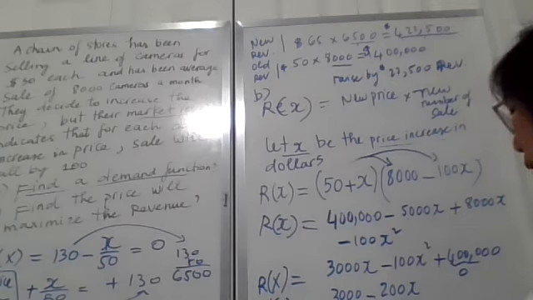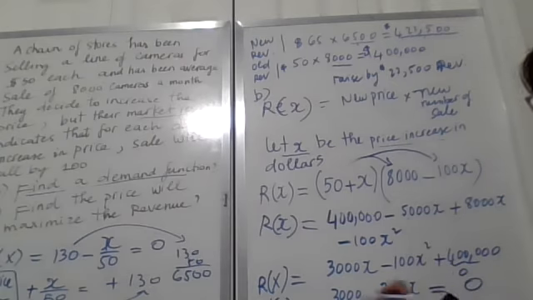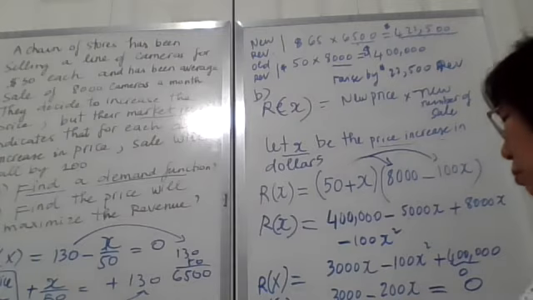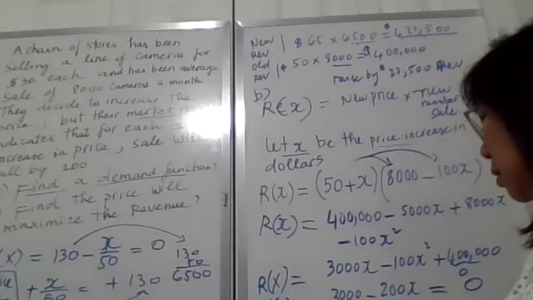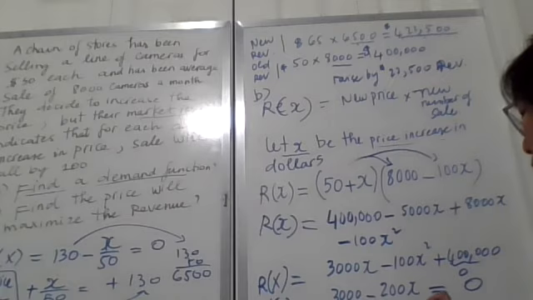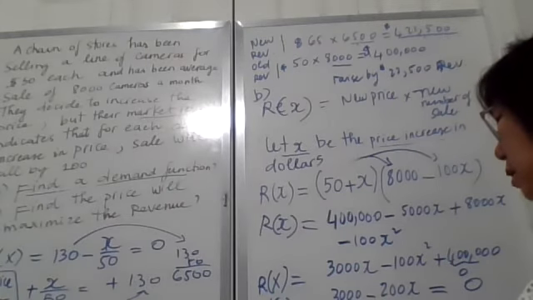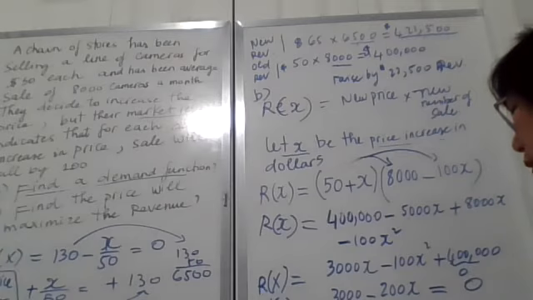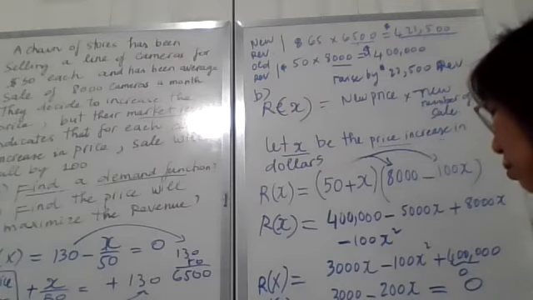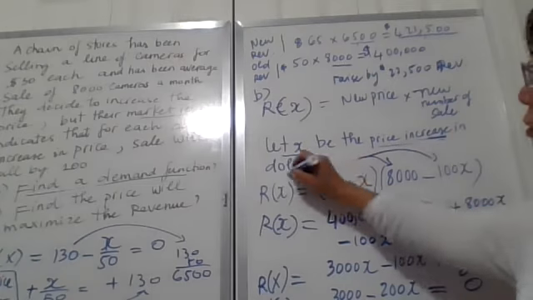So now let's set this equal to 0 and solve for the maximized revenue, which is 3,000 equals 200x. Divide both sides by 200. We get x equals how much? 15.